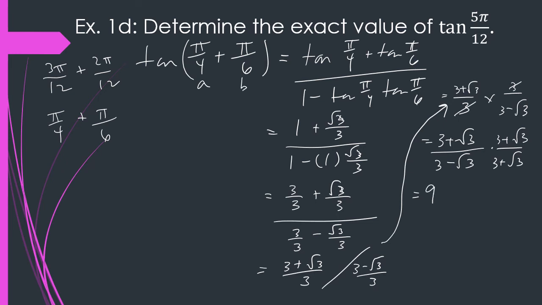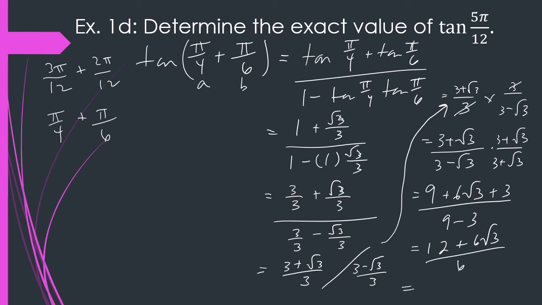So when you foil, you should get 9 plus 6 root 3 plus 3 on top. And on the bottom, the middle term should cancel. And you should be left with 9 minus 3. Collecting like terms on top, 9 plus 3 is 12, plus 6 root 3 all over 6.